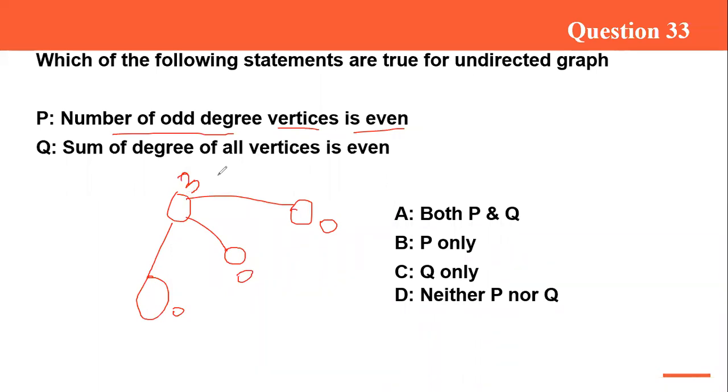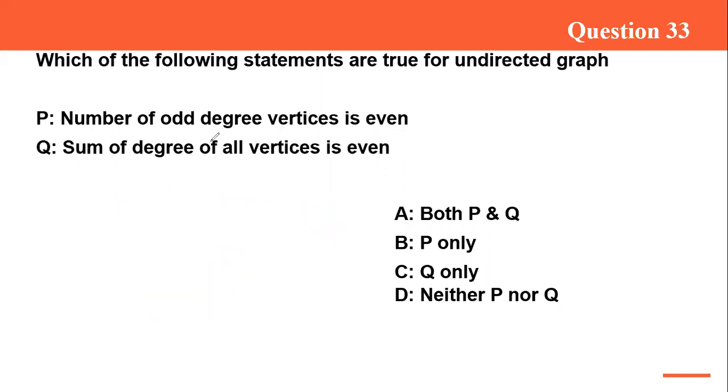Only one node, right, in this case? No, that's not the statement. Sorry, we are understanding it in a different way. Number of odd degree vertices is even. Something is wrong in the understanding. We have to check whether the degree is odd or not, even number of vertices or something like that. If I consider it like that, then this is not true.